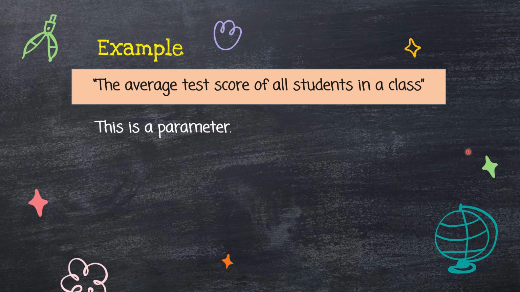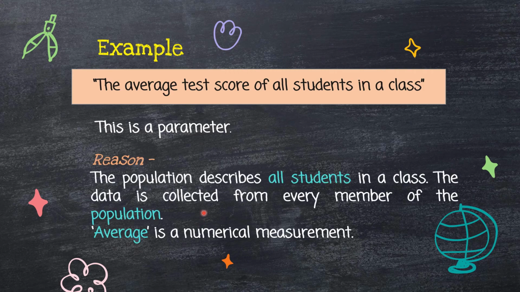So this is a parameter because the population describes all students in a class. The data is collected from every member of the population, and the average is a numerical measurement.